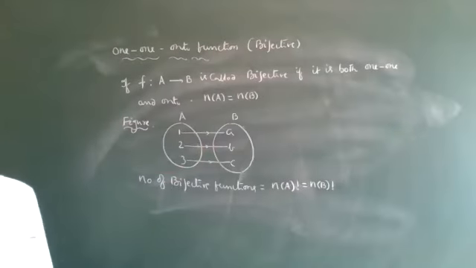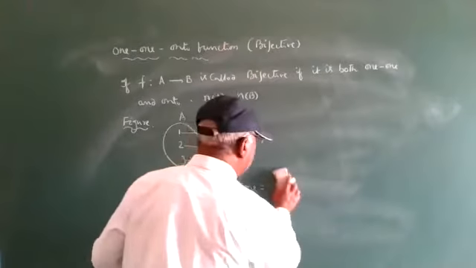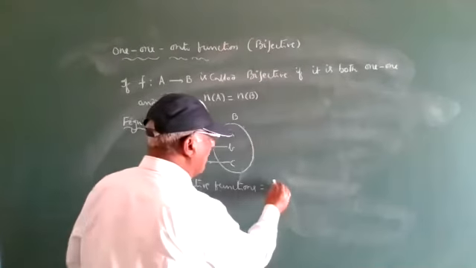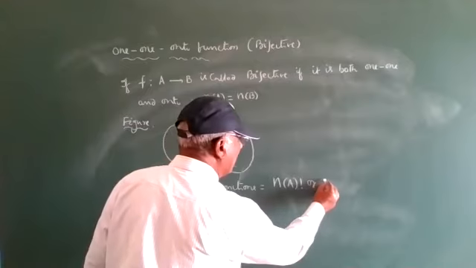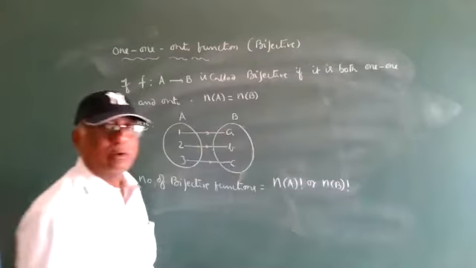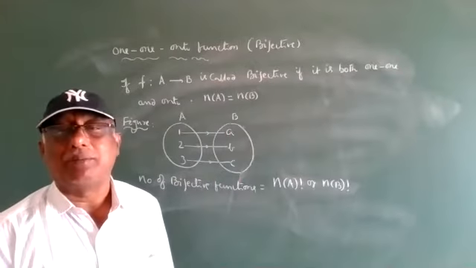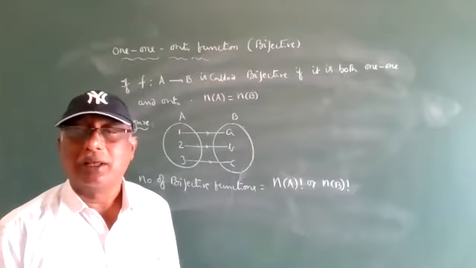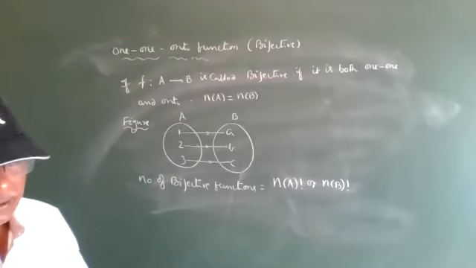Because n of A and n of B are both equal. That's why you can take the number of elements in the A set factorial or in the B set factorial. Any one you can take, because n of A and n of B are both equal. Is it clear, everyone? Right.